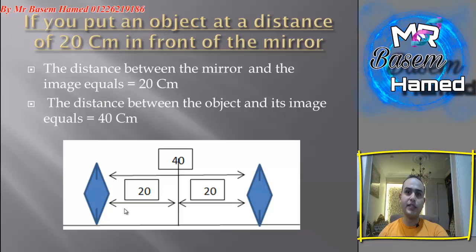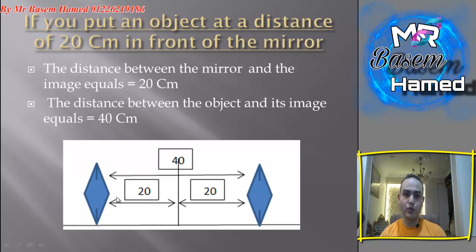We have a problem: if you put an object at a distance of 20 centimeters in front of the mirror, and you want to calculate the distance of the image of this object behind the mirror, you can calculate it easily.